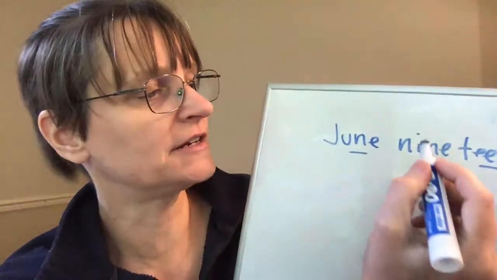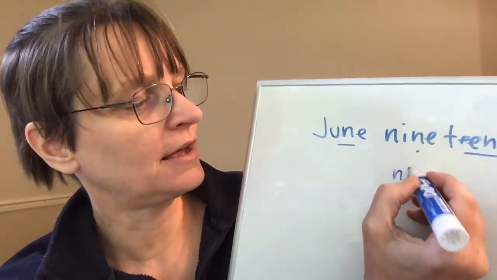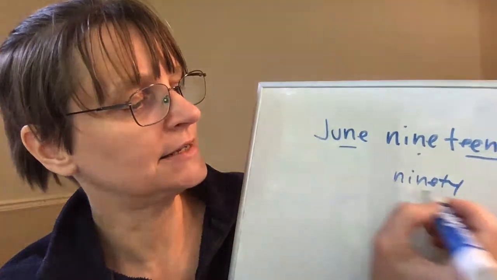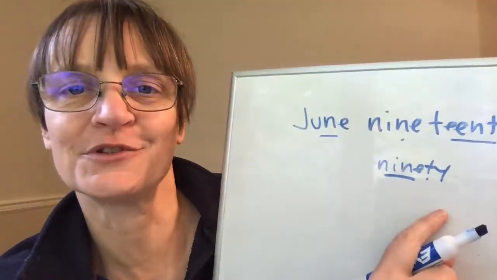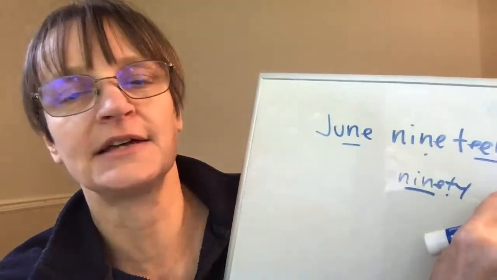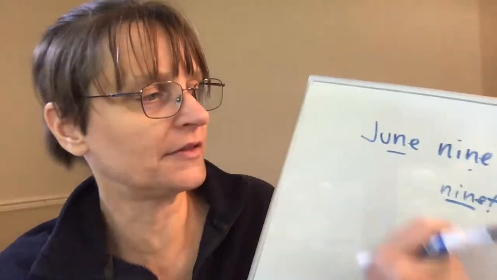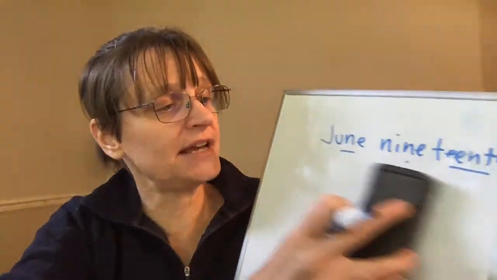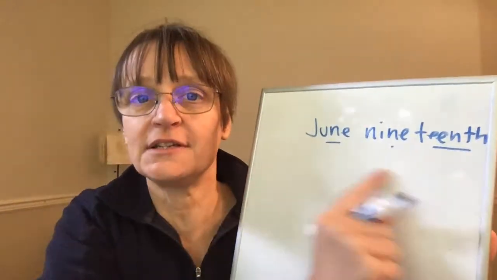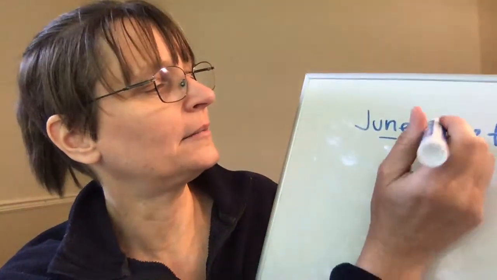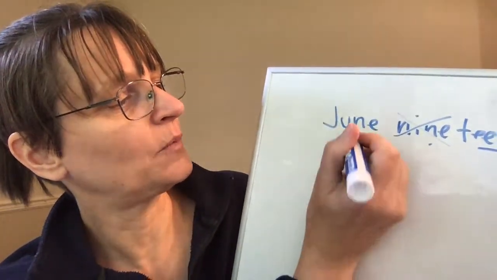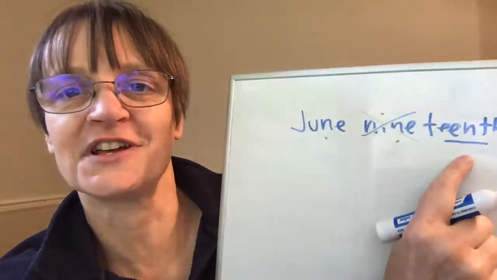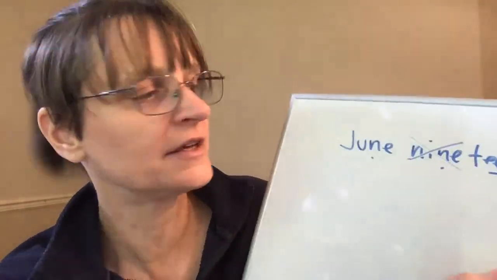That's a way I can tell the difference between 19th and 90, where 90 has first syllable stress versus 19th has second syllable stress when I'm comparing those two. So when I'm talking about the date, I would say today is June 19th. In Juneteenth, we just take out that 9, and we have, again, the stress is on teenth, Juneteenth.